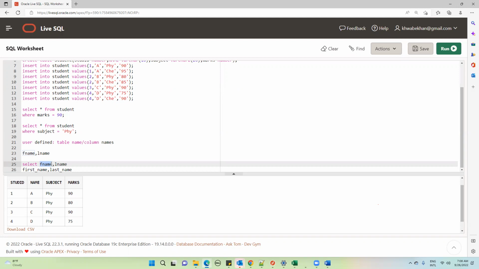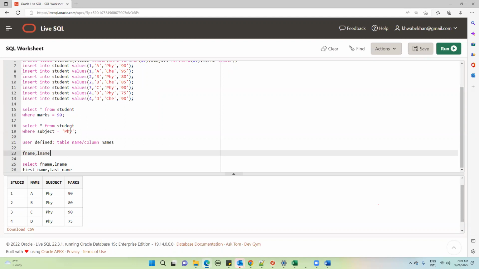In the question they would have written first name, last name, but maybe they understood that first name corresponds to F name here, and last name corresponds to L name. But I agree they should have mentioned that explicitly, that retrieve F name, comma, L name. Hope it is clear. Thank you so much. Okay, no problem.